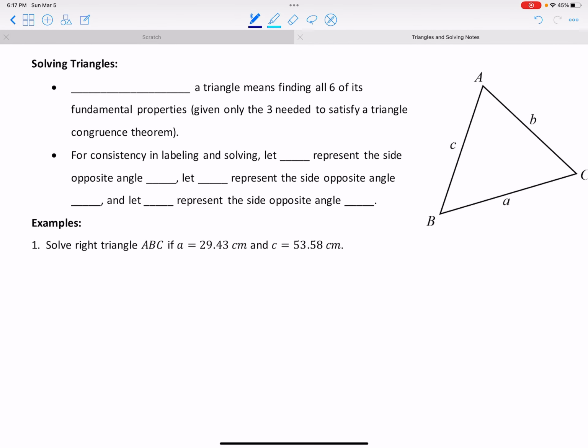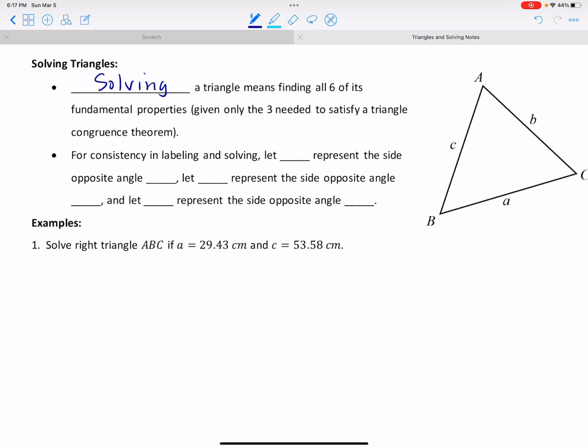So what does it mean to solve a triangle? If we're solving a triangle, it means we're finding all 6 of its fundamental properties. So we're going to be given 3 of those properties, the 3 that would satisfy one of our congruence theorems. Based on those 3, the other 3 have to be guaranteed, and we should have enough skills eventually to find those 3.